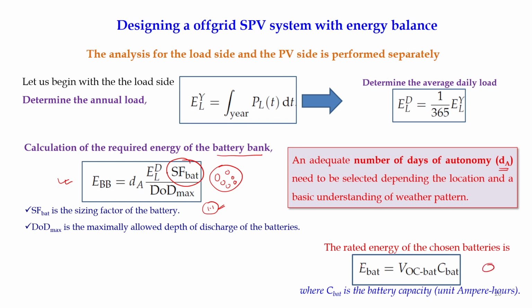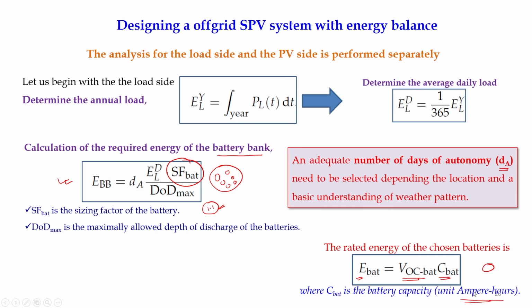Okay. So, this energy, which is nothing but rated energy, is equal to VOC, the open circuit voltage of the battery, multiplied by battery capacity. This battery capacity is represented in ampere hour.